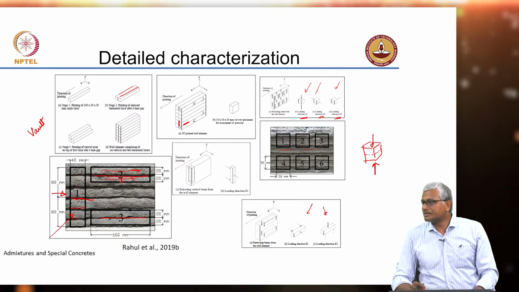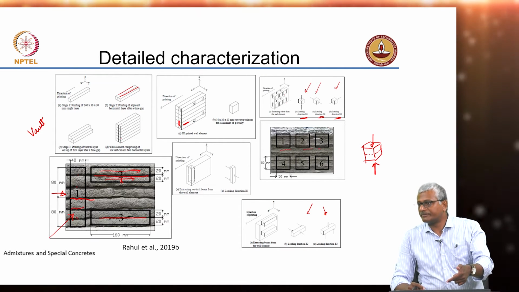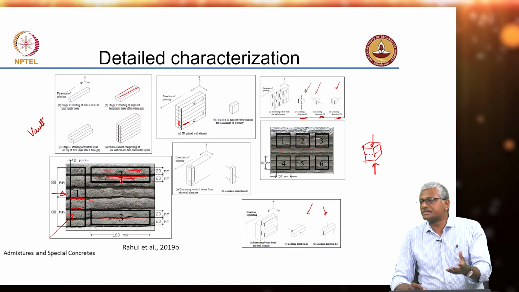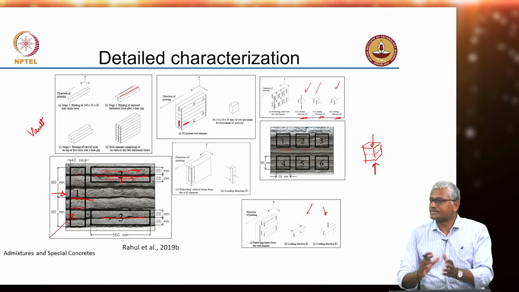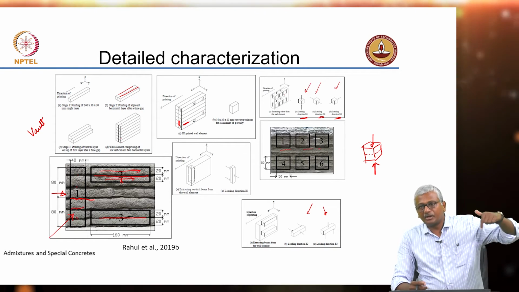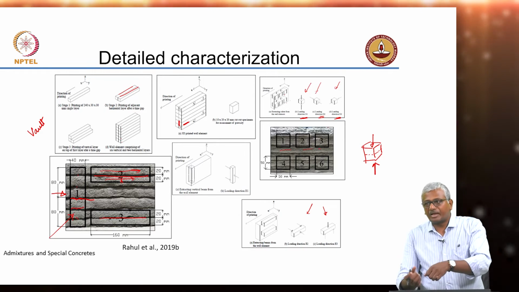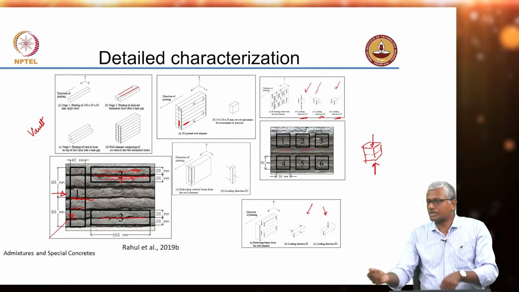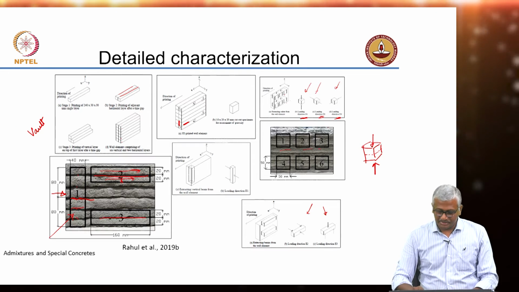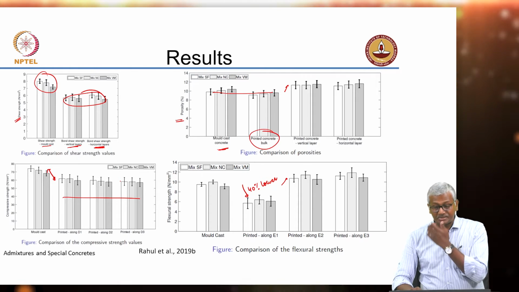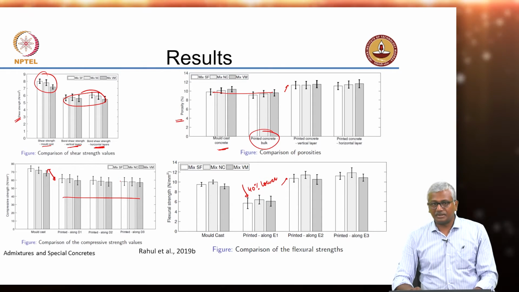The second reason is we have put fibers in this mix, right. When you are doing mold casting, the fibers do not necessarily align themselves, they are randomly distributed. But when you are extruding, the fibers will tend to align in the direction of extrusion. So, that may also be the reason why you have a higher strength with E2 and E3.